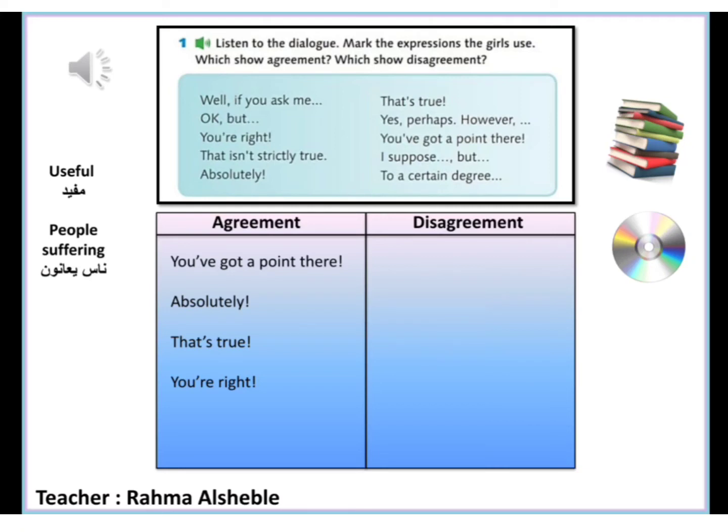Let's start with disagreement. Did you write any expressions that the girls used in order to show disagreement? Okay, the first one is, Ok, but. But means however, and after but there is a different opinion.